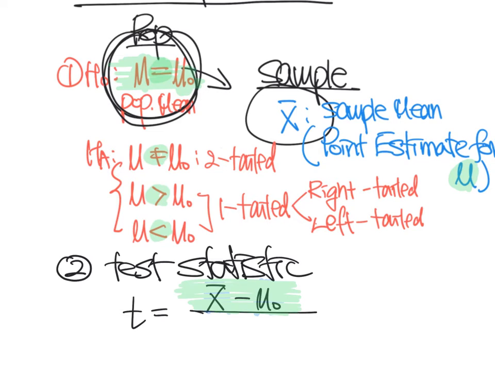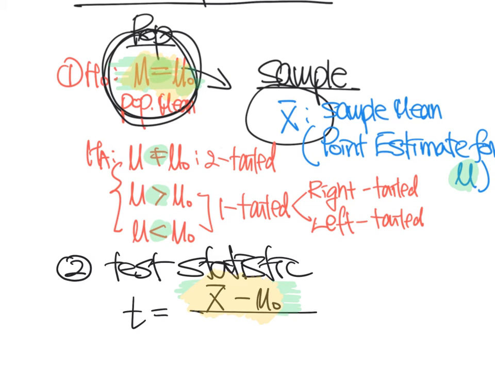But the other way, if they are close enough, I mean the difference between the x bar and the mu0 is so close, it's almost the same. Then what does that mean? The unknown population mean and the value are close enough. They are almost the same. It's not exactly the same, but they are close enough. It's quite similar. What will be the decision?